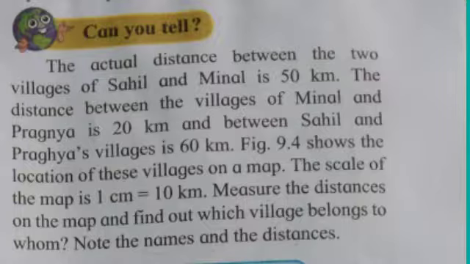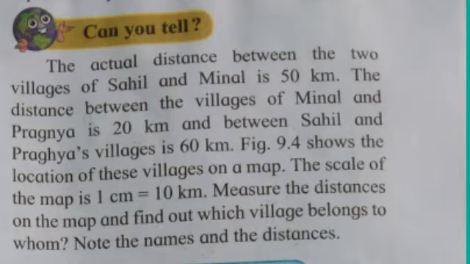Our next activity is, can you tell? The actual distance between the two villages of Sahil and Minal is 50 km. The distance between the villages of Minal and Pragya is 20 km, and between Sahil and Pragya's villages is 60 km.